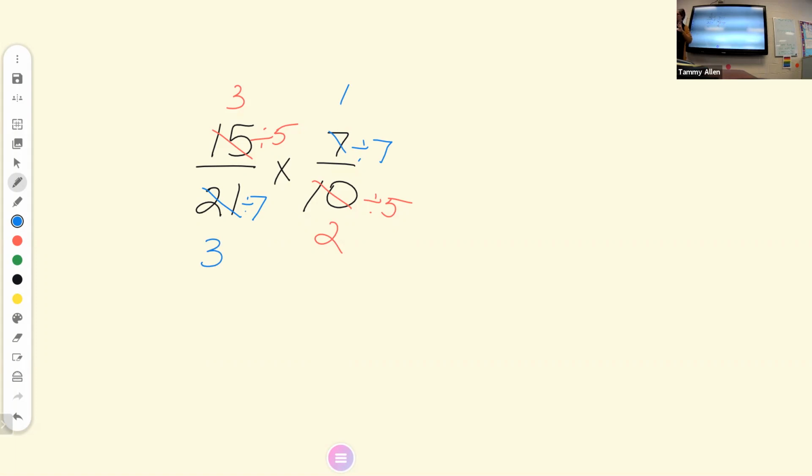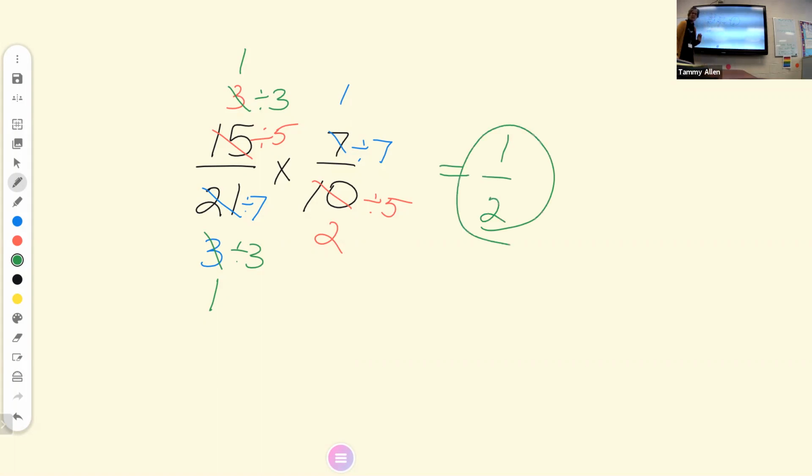Oh, 3 and 3. 3 divided by 3 is? 1. 3 divided by 3 is? 1. Looky there. 1 times 1 is? 1 times 2 is? And there's 1/2 again. Are we always going to have 1/2?